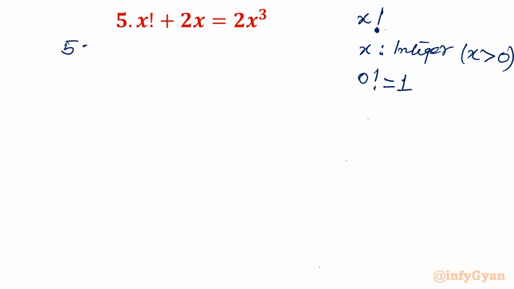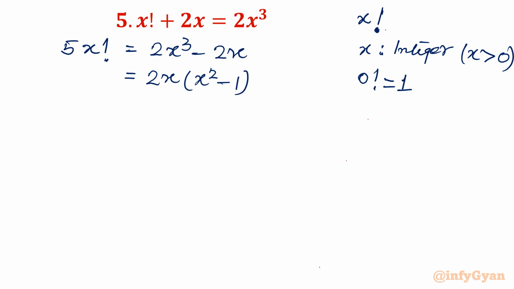So let's begin by taking 2x away from both sides. So I will consider 5 x factorial is equal to 2x cubed minus 2x. Now I will take 2x out, so what is left? x squared minus 1. Now I will write the difference of squares formula, which states that a squared minus b squared can be written as (a plus b) times (a minus b).